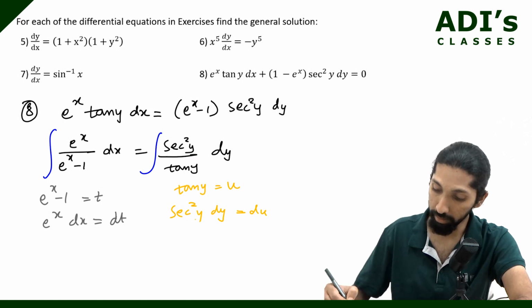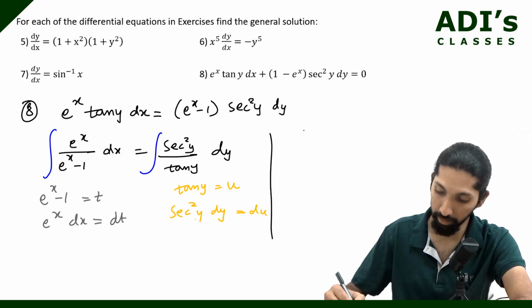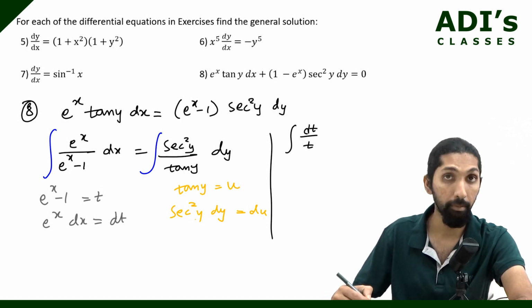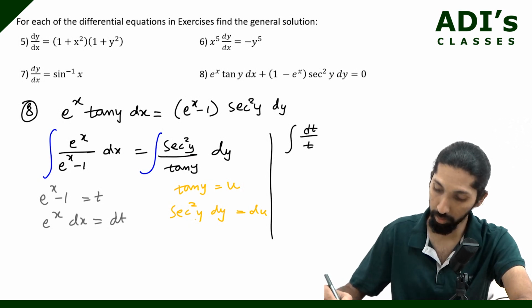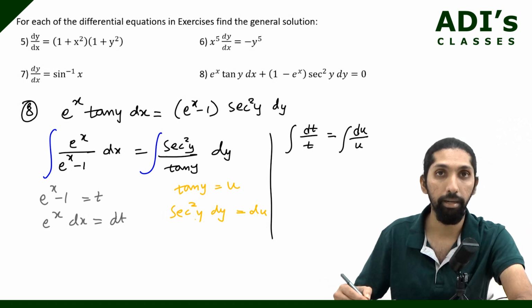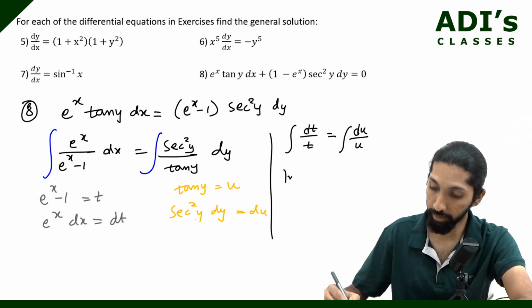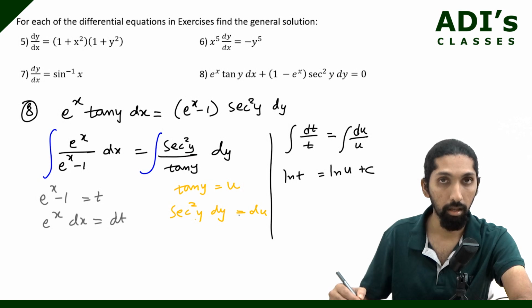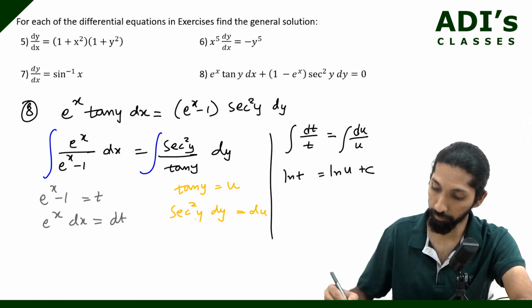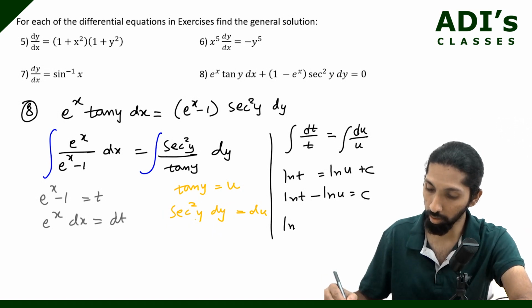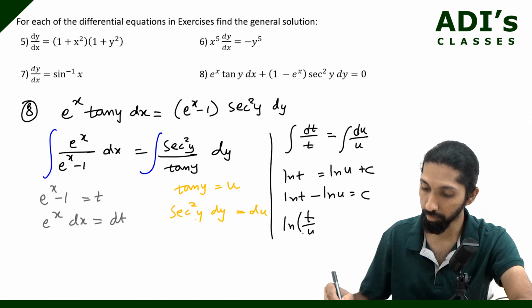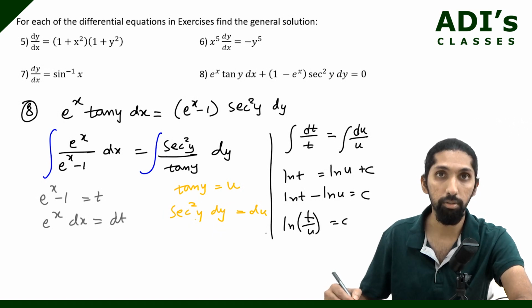So what do we get then? We are going to get integral of dt divided by t, equal to integral of du divided by u, right? Log of t is equal to log of u plus c. Make sense? Log of t minus log of u is equal to c, or log of t divided by u is equal to c, correct?